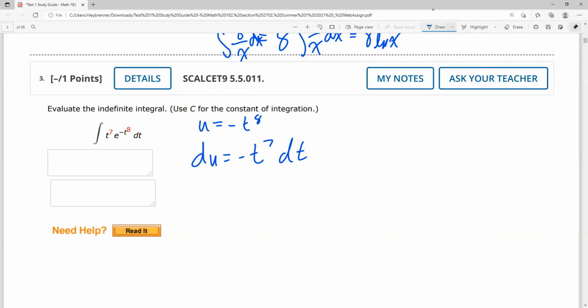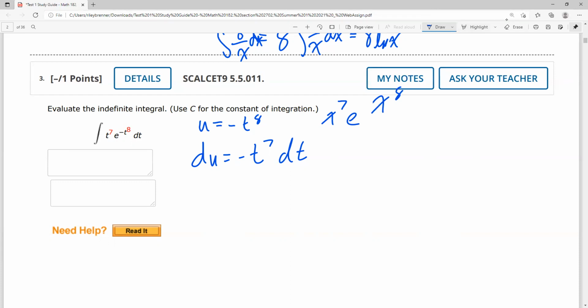A general tip, if you ever see some complex things like this with exponents, things to the power like x to the 8th and then to some e or whatever, and it's multiplied by the same x but an exponent less, that's usually a good hint it's going to be u sub. If you ever see one power but then there's another power one less than that, that's usually a huge hint.